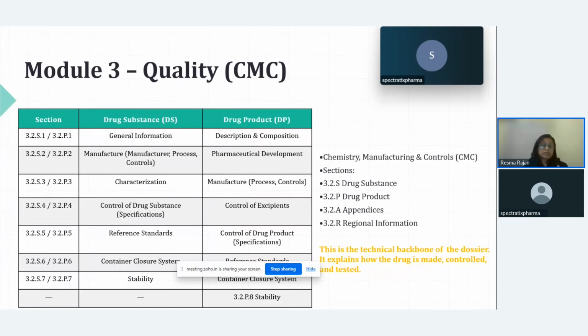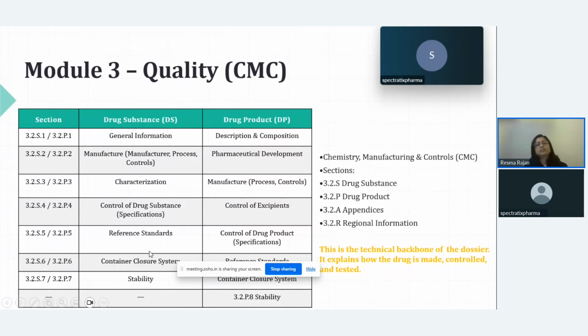So leachability, extractability, all these parameters need to be tested for that container closure system. And those details will be provided in your 3.2.S.6, that is the drug substance section. Okay, there you will provide.